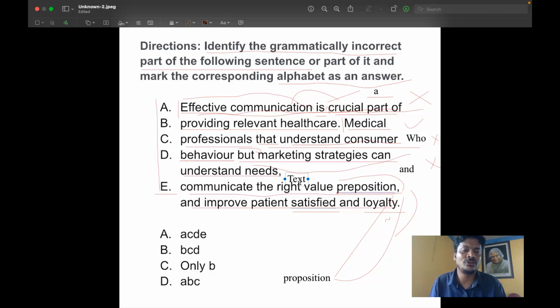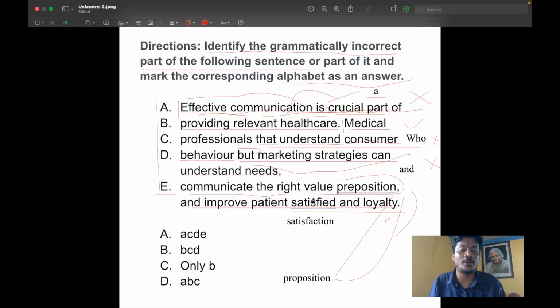So we are supposed to use satisfaction instead of satisfied, because the word satisfied is a verb, or used as an adjective, whereas satisfaction is the noun. And here we are talking about what?